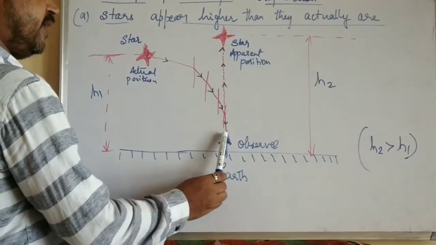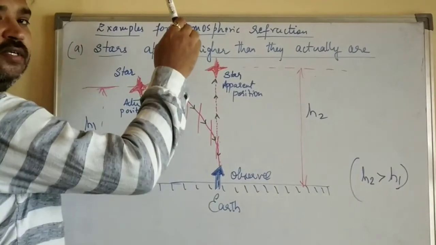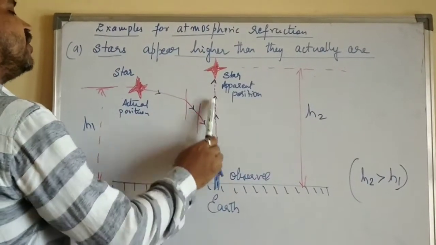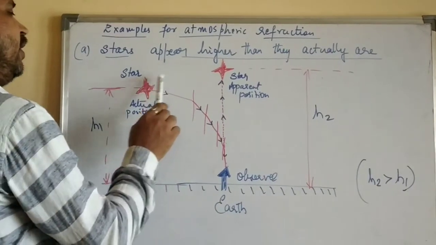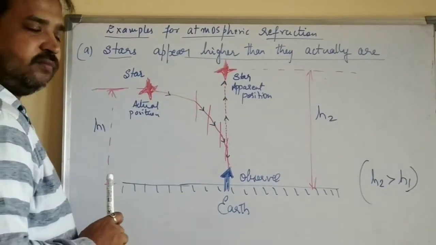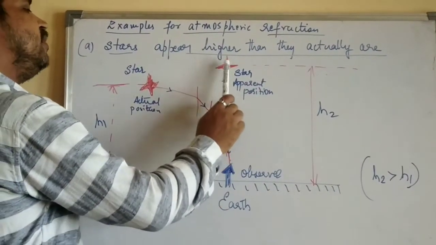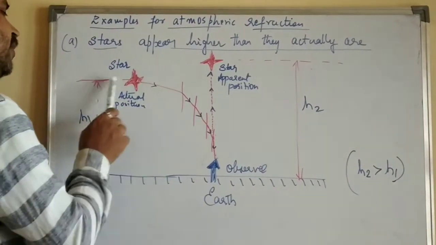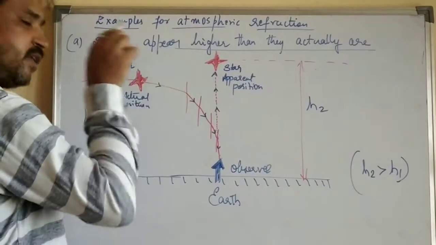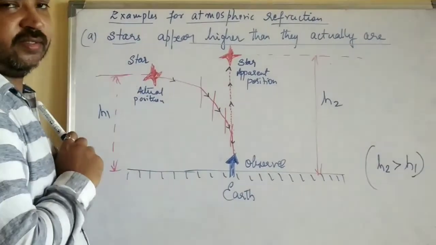Now you just extend the ray using dotted lines vertically upwards, straight. If you extend that, you will find that the position of the star, as seen, is at a higher position as compared to the same star which is actually at a lesser height.